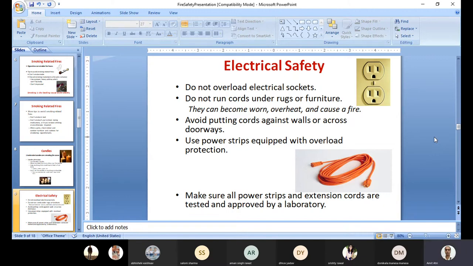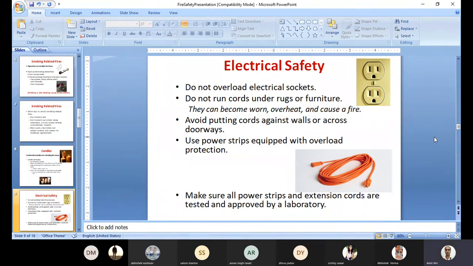Overcurrent means overheating. This is what we call Joule's law of heating: the heat developed by a conductor is proportional to the resistance, proportional to the time, and proportional to the square of the current flowing through that conductor. So as the amount of current increases, the heat increases in terms of the square of the current.